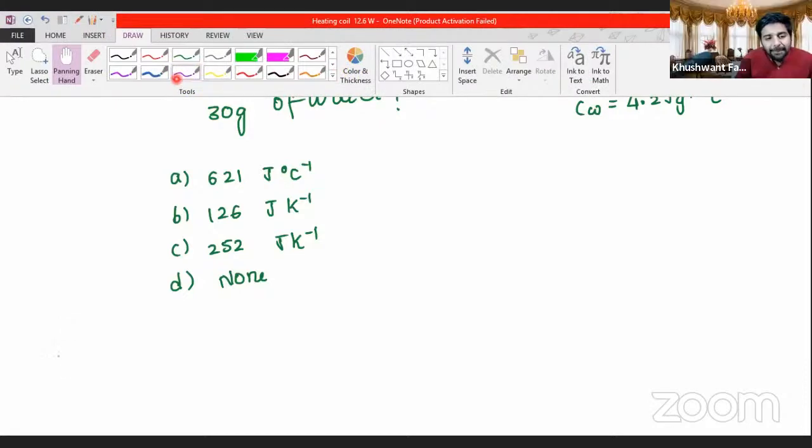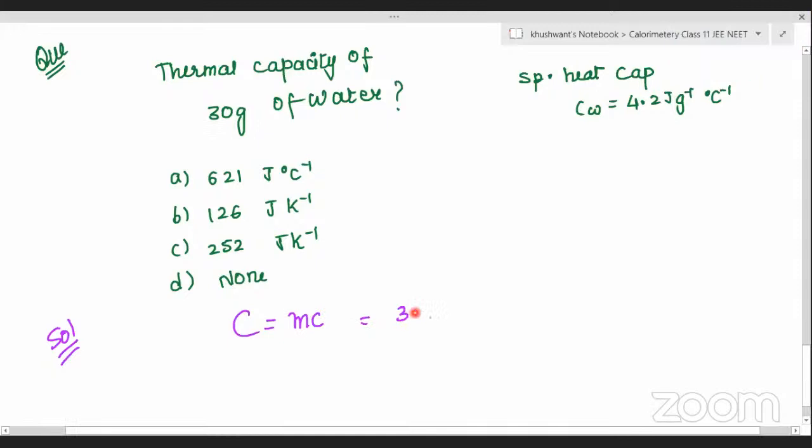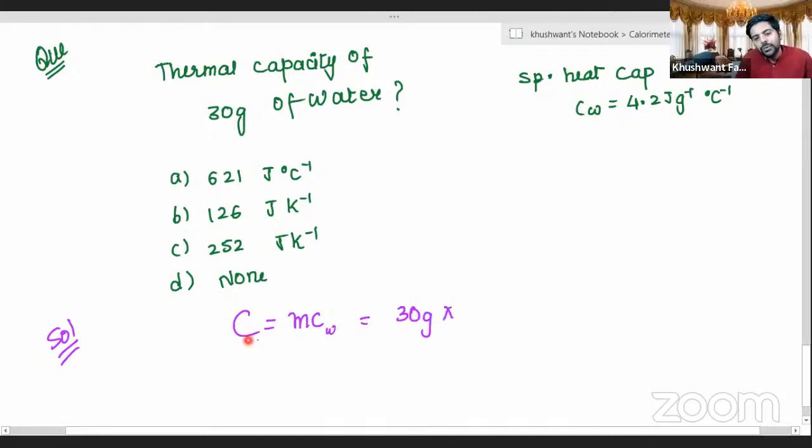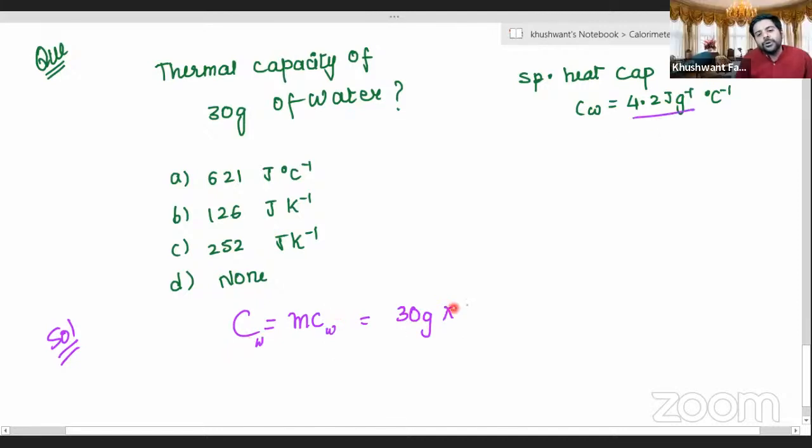Thermal capacity is equal to mass into specific heat capacity, correct? What is the mass value given to us, Vasu? 30 grams. And what is the value for specific heat capacity known to us? 4.2 joule per gram per degree Celsius.